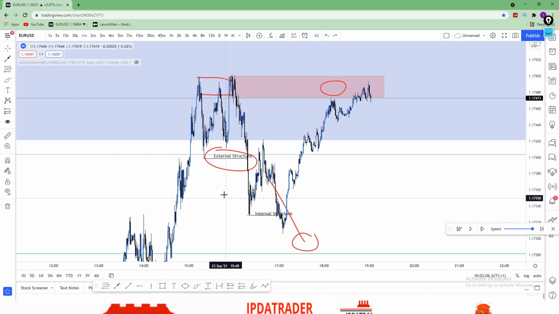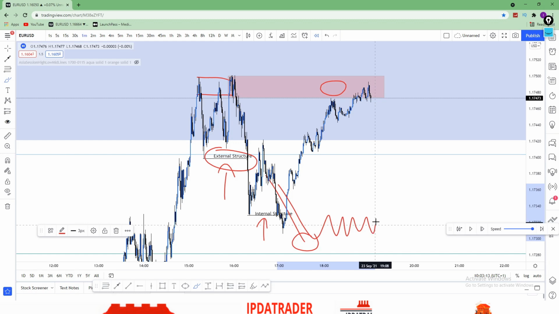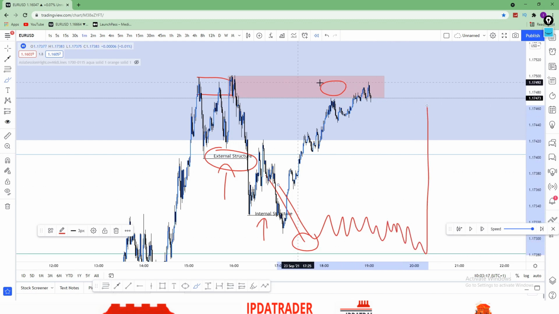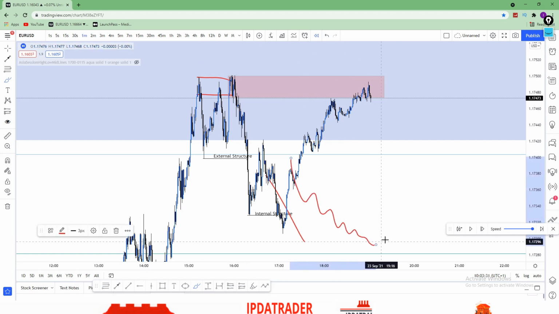Once you have your external structure break, your internal structure break, if price then plays in and around this area for too long or goes too far and then returns, you want to be assessing order flow and not taking the risk entry just as it is, right? You want to be at least waiting for one more break. And this is a tip that I give you here that I use whenever I see that price may have sort of played around and away for too long.